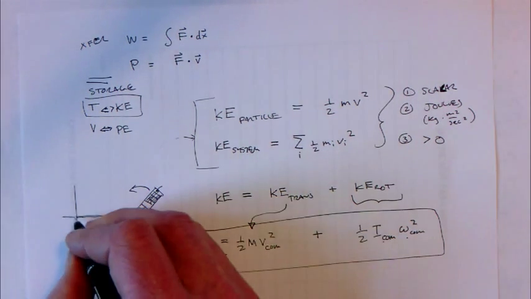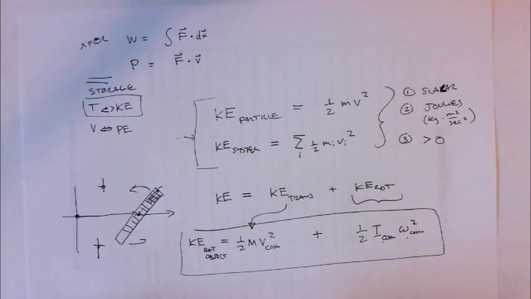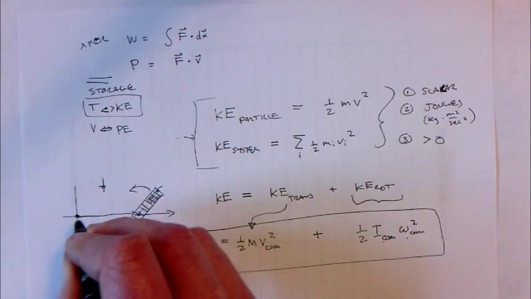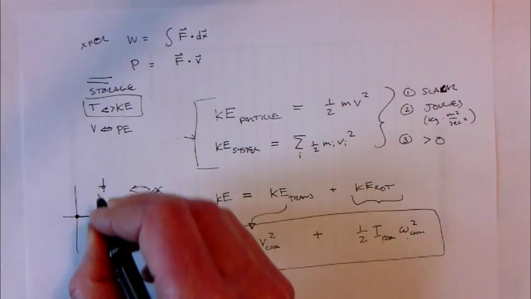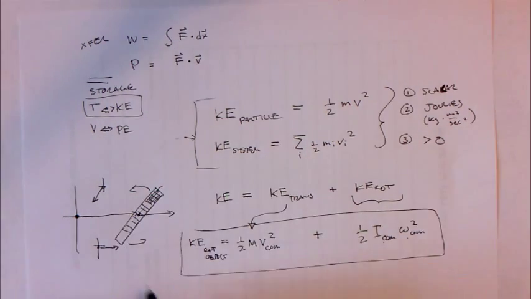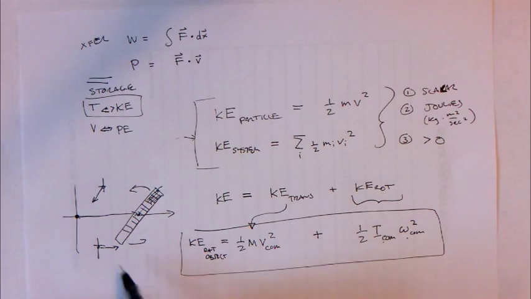Kinetic energy doesn't depend on whether I choose my origin to be here or here or here, but it does depend on whether I choose an origin that's stationary or one that's moving with some velocity relative to this origin. And all three of these could be inertial reference frames so long as that velocity is constant.